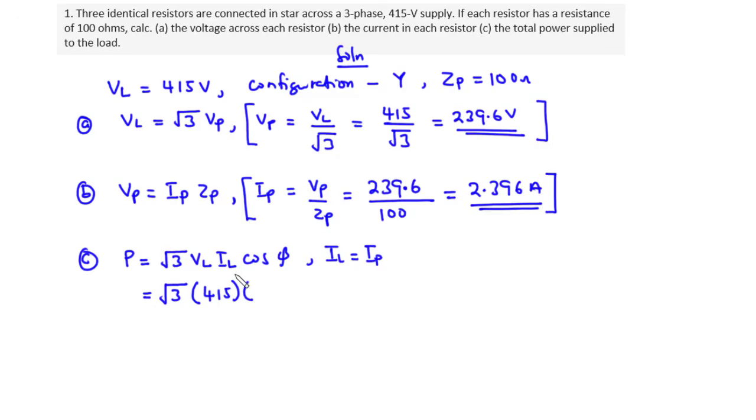So in place of IL, we have 2.396 and then times 1. So when you multiply all these values, you are going to get 1722 watts, and that can be expressed as 1.722 kilowatts. So that is the total power supplied to the load. Now let's move on to our second example.